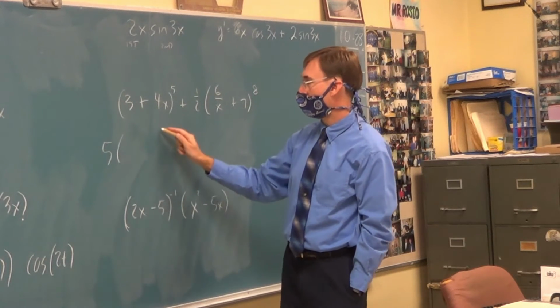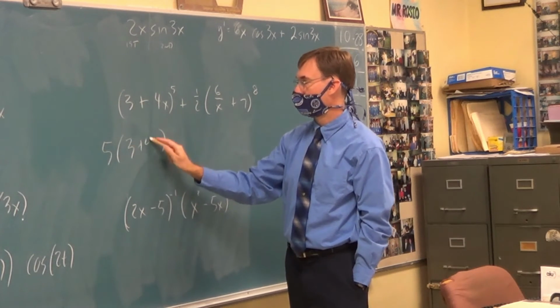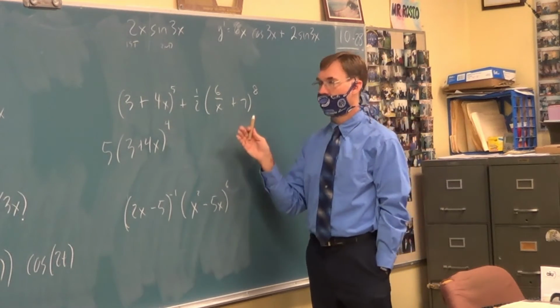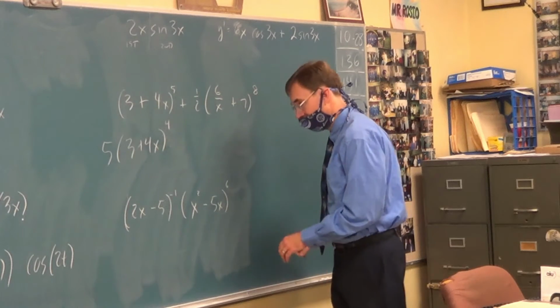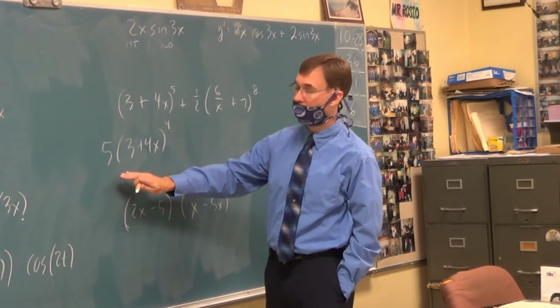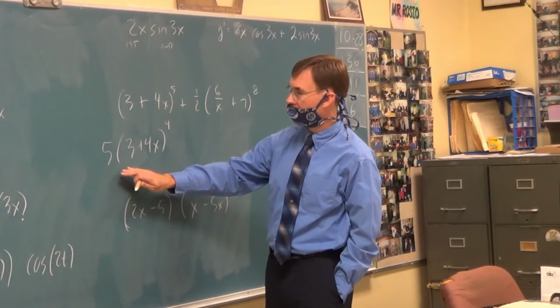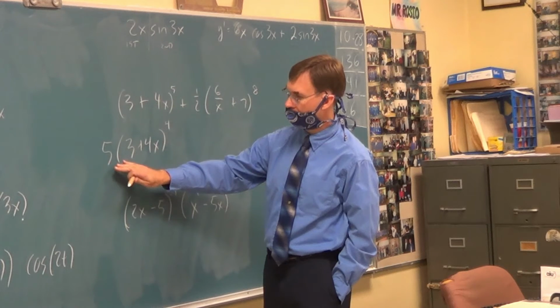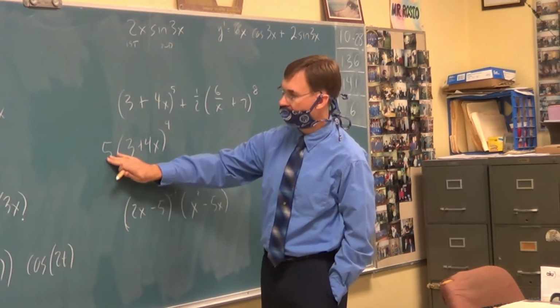5 times (3 plus 4)... to the 4, plus 4. Then we have to attack inside the parentheses, and that helps us change 4. Get a 4, that would make the 5 be a 20.